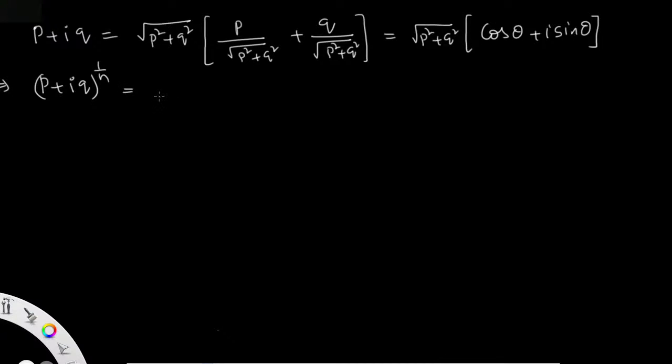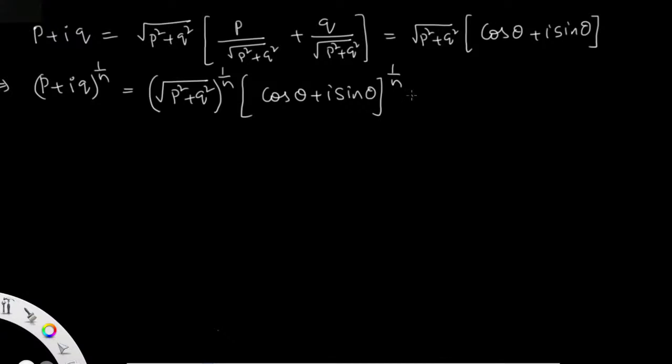That is why we write root over p square plus q square whole power 1 by n into cos theta plus i sin theta, where the power applies as whole power 1 by n. Now rewrite as root over p square plus q square whole to the power of 1 by n into cos of theta by n plus i sin theta by n.